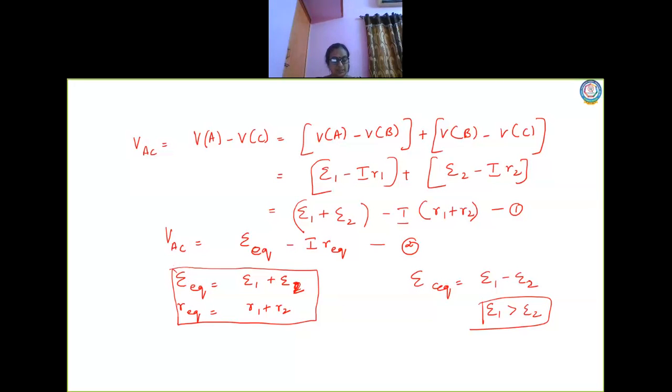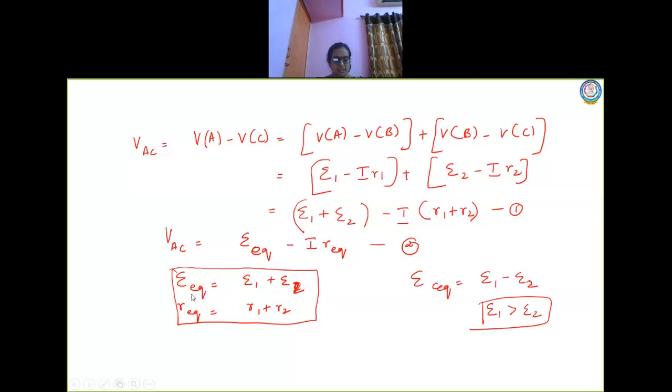The equivalent EMF of a series combination of cells is just the sum of their individual EMF. This is the EMF of the first cell, this is the EMF of the second cell, so the equivalent EMF will be equal to the sum of the individual EMF.